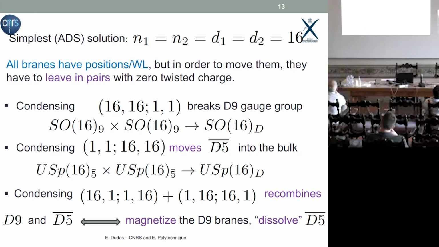You can also replace 5 branes with magnetic fields on D9 branes, and this would correspond to the limit in which the instanton has a kind of a maximal size. If you take an instanton of infinite size, it becomes a dilute magnetic field if you want. And this you can understand.